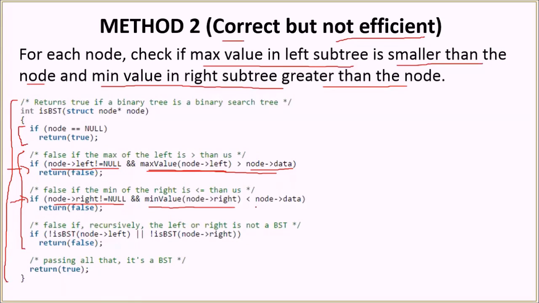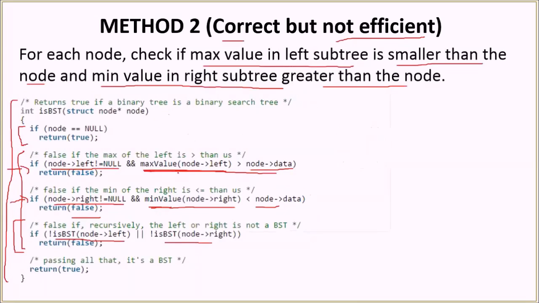If it's the other way around, then we return false. After we are done with these two conditions, we recursively call the isBST function for the left and right subtree. Now here we are assuming that minimum and maximum values will be calculated by this maxValue and minValue function.